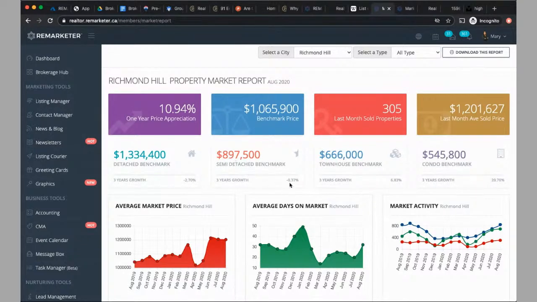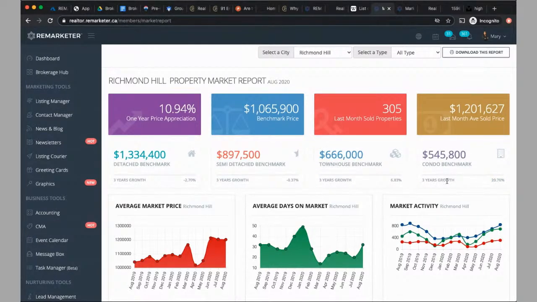Semi-detached properties have also declined by just about 0.3%, and they stand at about $900,000 there. Townhouses are more expensive as well, but we've had a 6% growth for townhouses there, and we had a 20% growth for condos here.